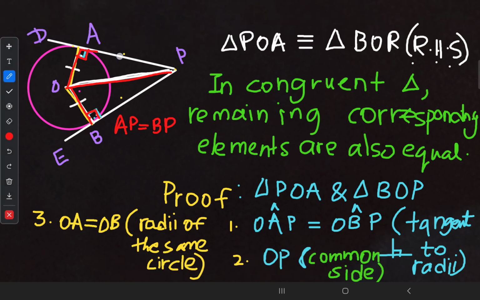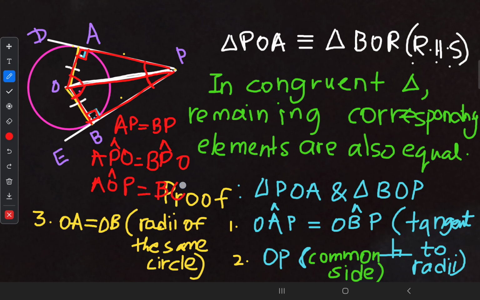So AP equals BP, and angle APO equals BPO, and the final one, the central angle, AOP equals BOP. That's all for our proof.